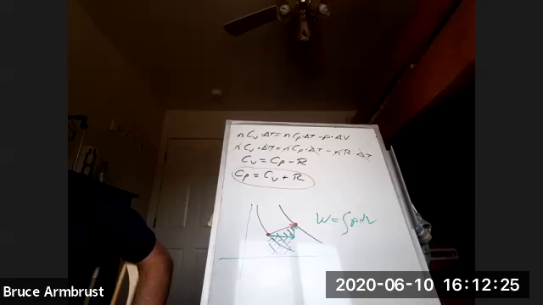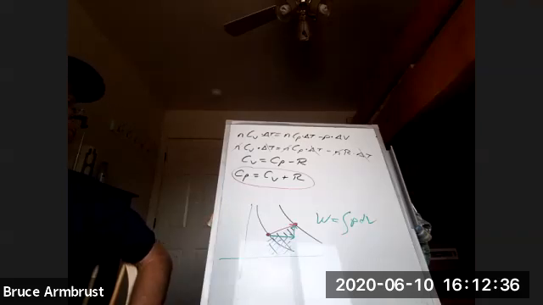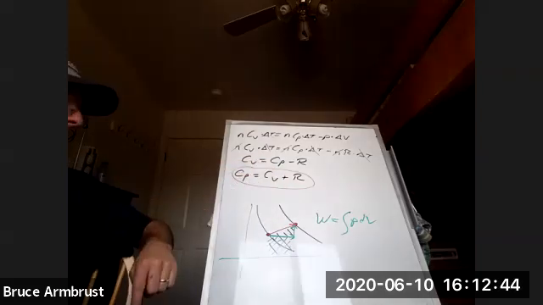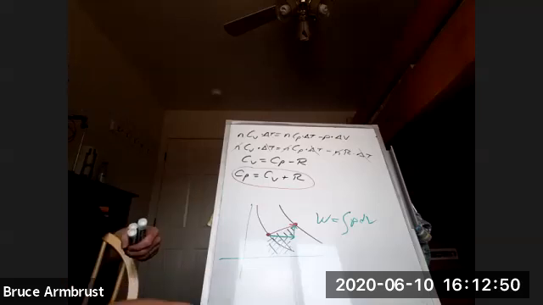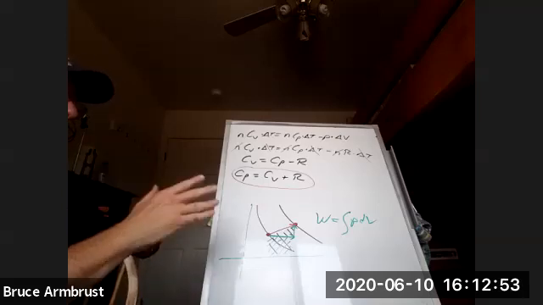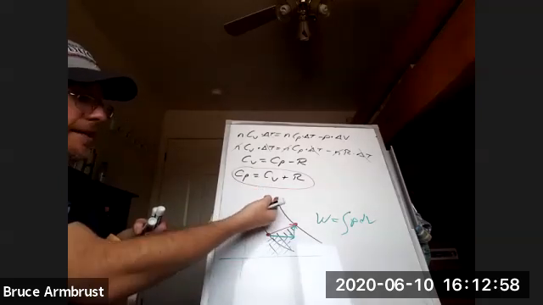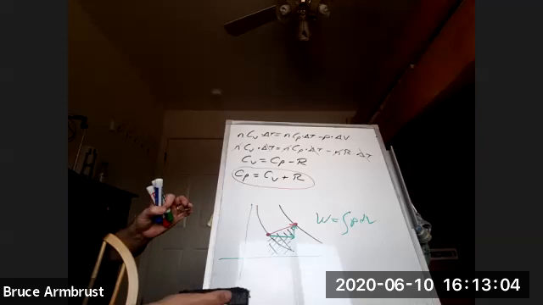Okay, but I will tell you this. If you go back and look at what we were talking about last time when I just wrote C sub V and nobody questioned me about it, it does work out that if I were to do this path, I'm going to get the same change in energy as if I went straight up and hit this isotherm, maybe not the same work, and not the same heat. So I don't want you to think we're just screwed completely.